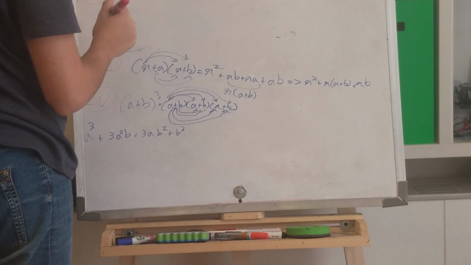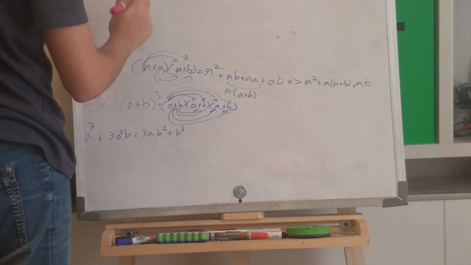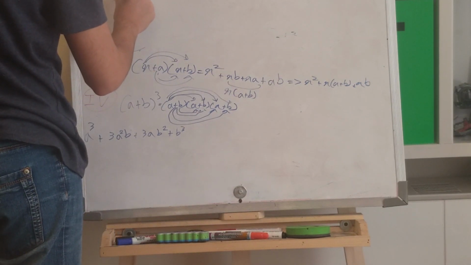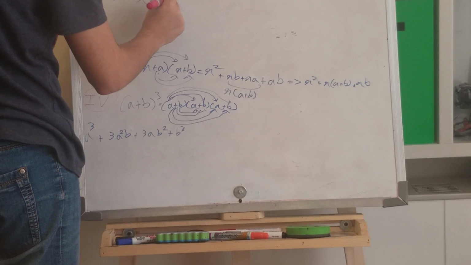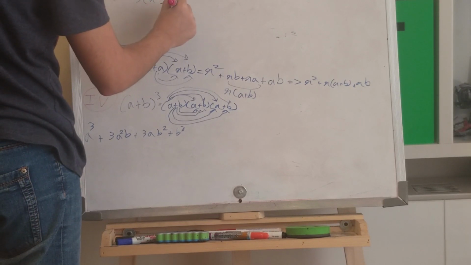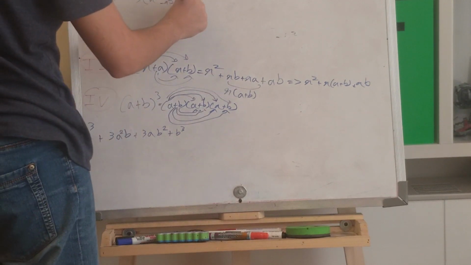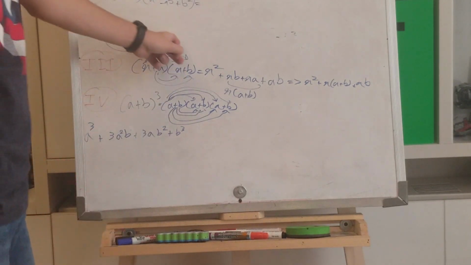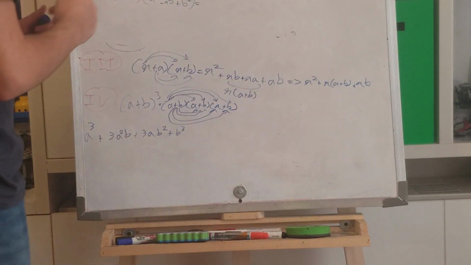Yeah, it's good. So (a plus b)(a squared minus ab plus b squared). Now this is this, but I want to prove to you how it works.